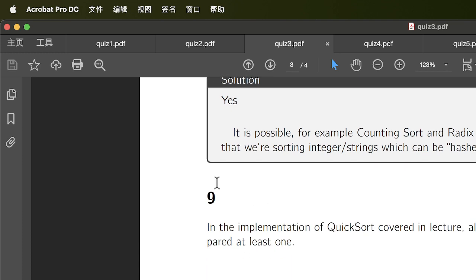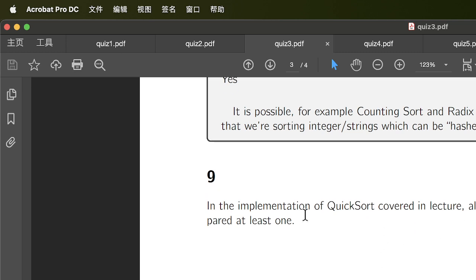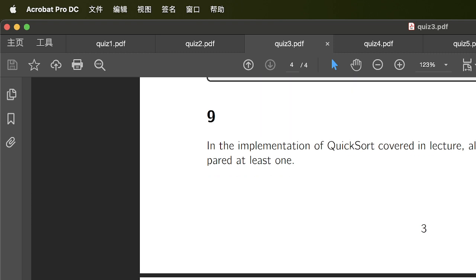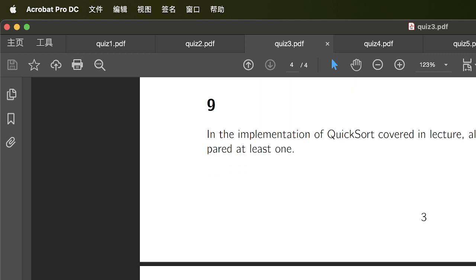Okay, so question 9. In the implementation of quicksort covered in lecture, all pairs of elements are always compared at least once. So that is wrong, because when we do partition, we split the original array into a left part and a right part, and then we do partition again on each part.